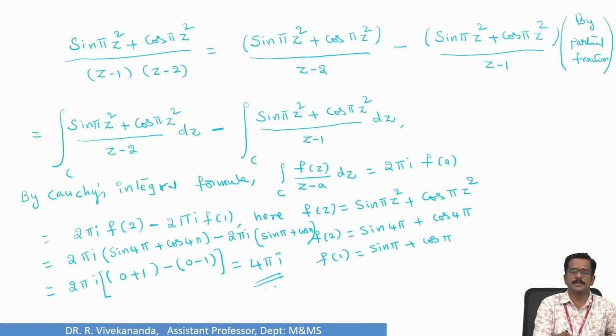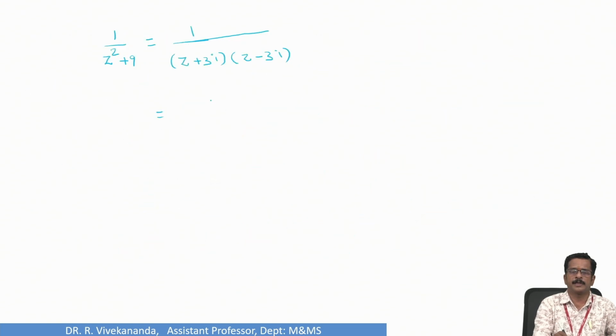And z equals minus 3i lies outside, so that factor z plus 3i is brought to the numerator as 1 by z plus 3i. The singular point that lies outside is taken into the numerator part, and the singular point that lies inside keeps its factor in the denominator.